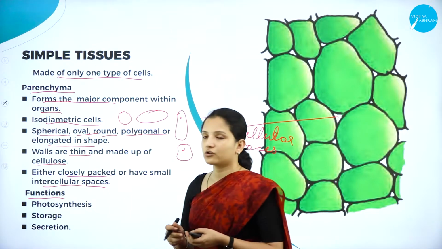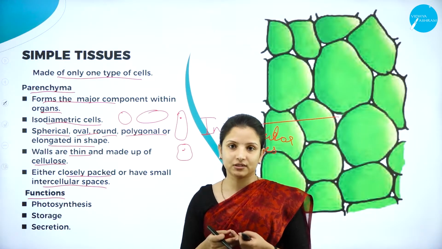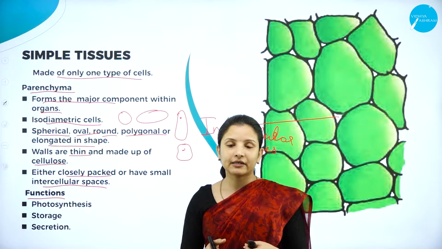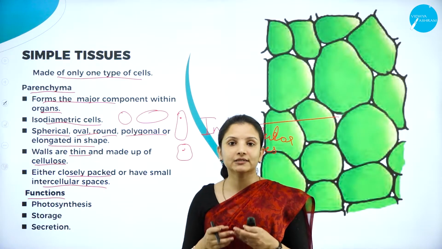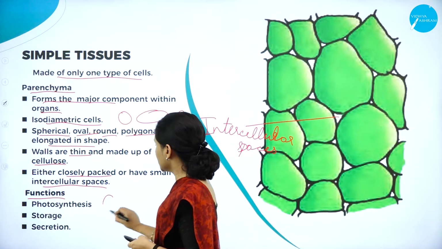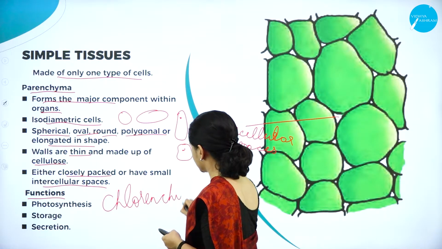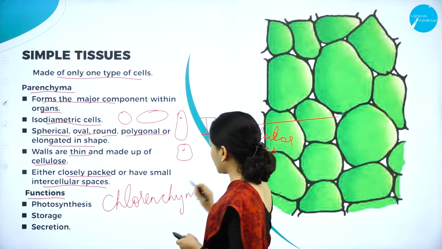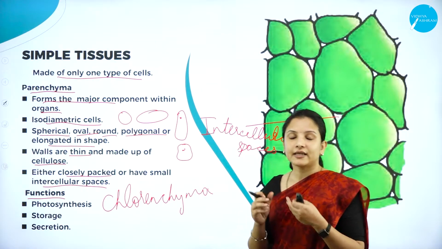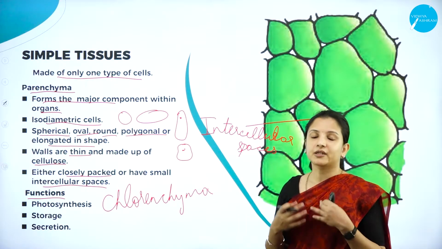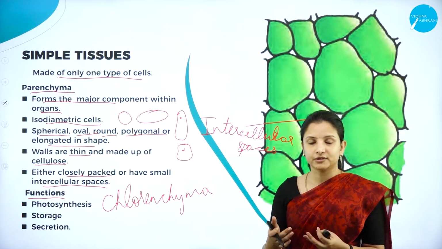The main function of parenchyma is photosynthesis, and especially in parenchyma there is a set of cells called chlorenchyma. These chlorenchyma, as the name itself suggests, have chlorophyll pigment in them, therefore helping in the process of photosynthesis.